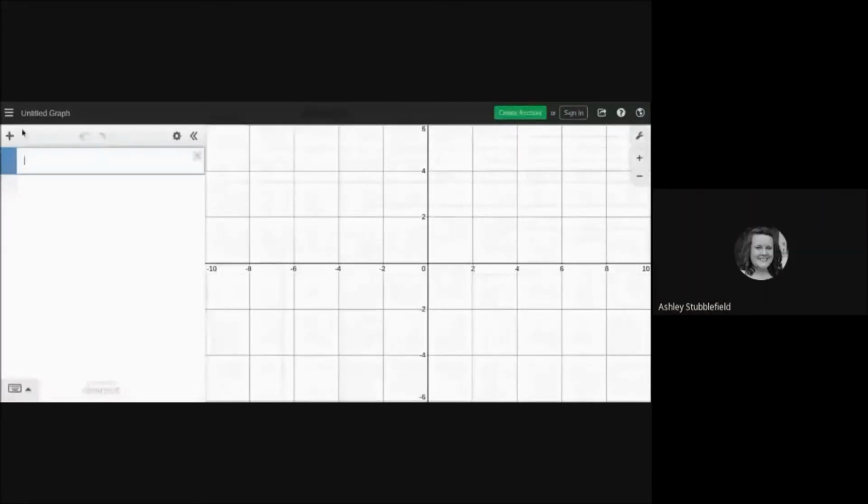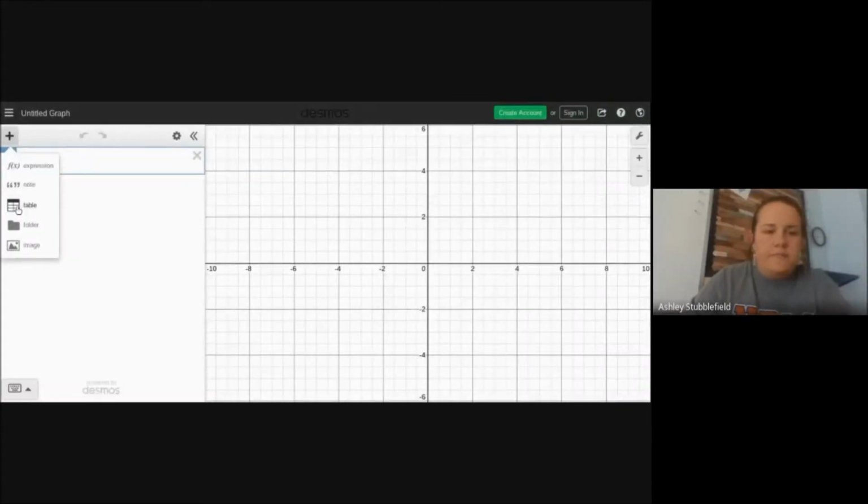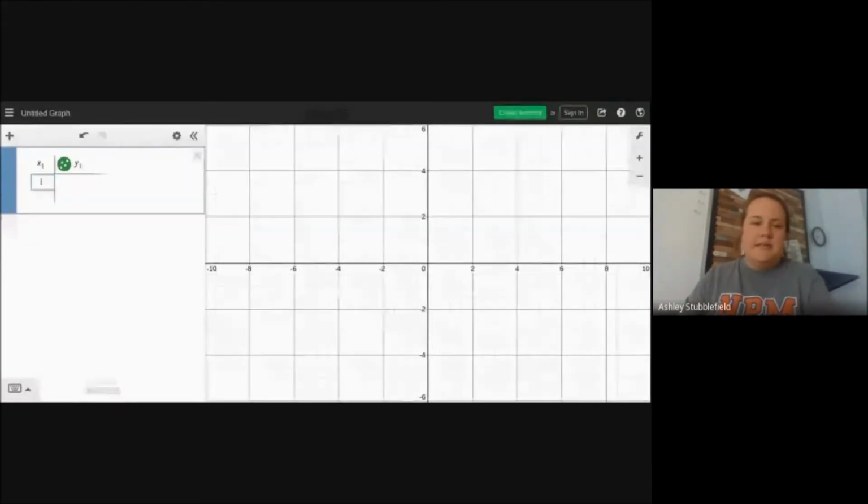Okay, so to add a table, you click the plus sign in the top left corner, go down to Table, and I'm going to put my X values in.